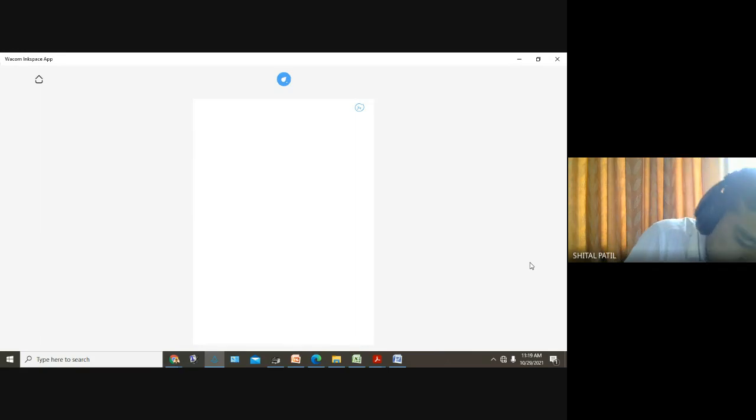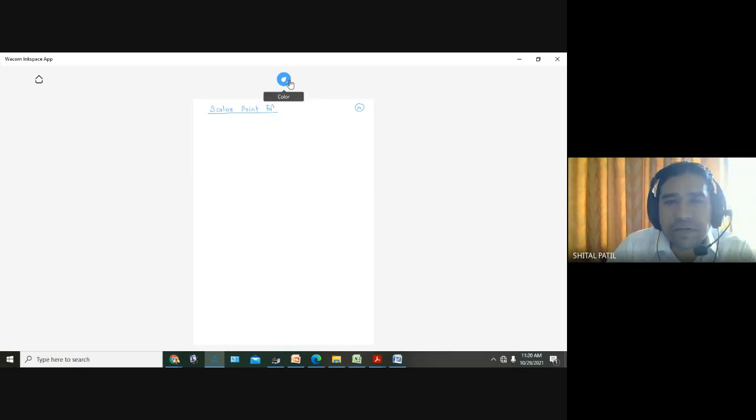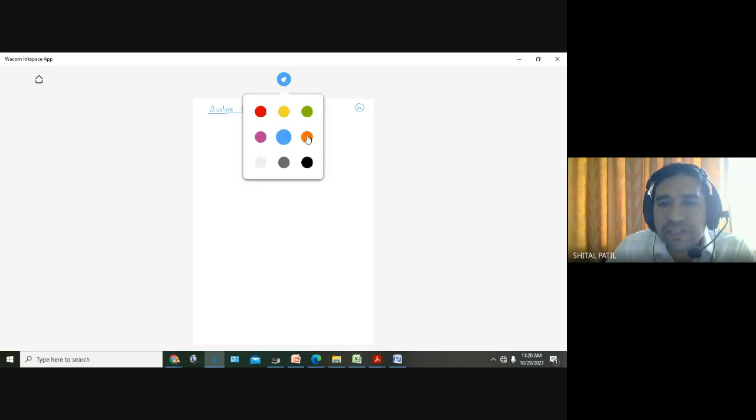Scalar point function. So till now we are considering scalar as some number. Now we want to consider a scalar function.